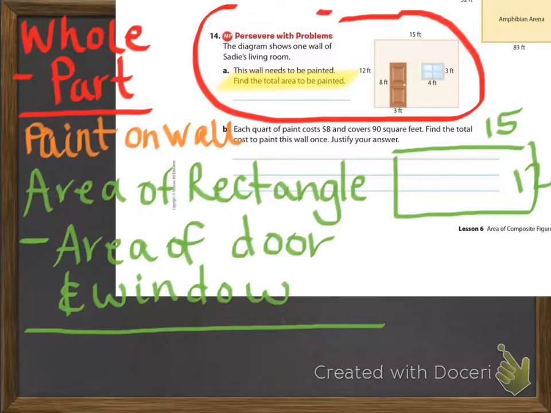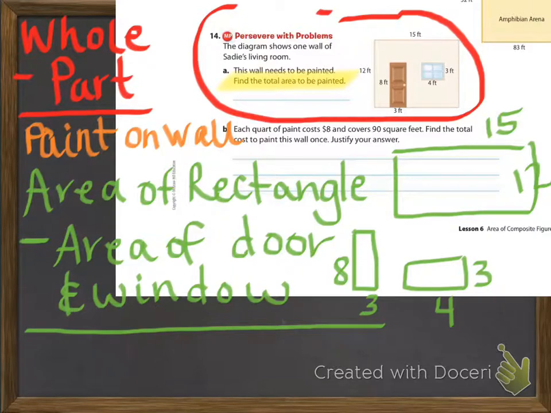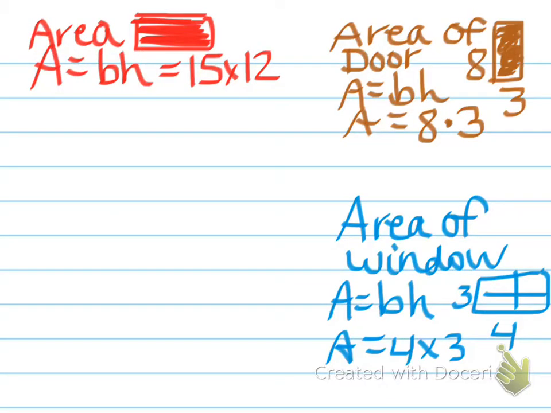You would also need to find the area of the door, which is 8 feet times 3 feet, and the area of the window, which is 4 feet by 3 feet. So I'm going to go to another page with lined paper and pause a minute. Okay, back to the lined paper.